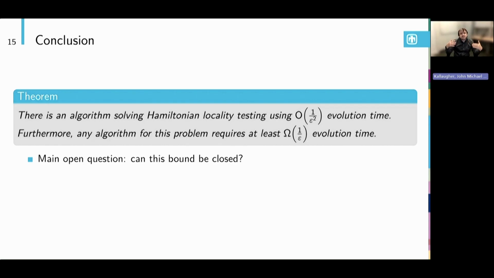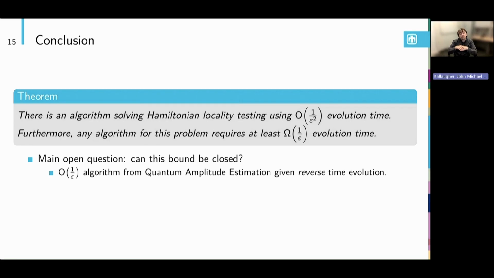And I personally think that the O of 1 over epsilon squared bound is probably the correct one. But one wrinkle that comes up if you want to try and prove that is that we know that if you were able to run the time evolution of the Hamiltonian in reverse, in other words, you had access to the inverse of the time evolution operator of that Hamiltonian, you would actually be able to get an O of 1 over epsilon algorithm using quantum amplitude estimation.